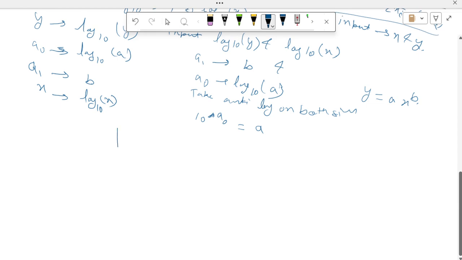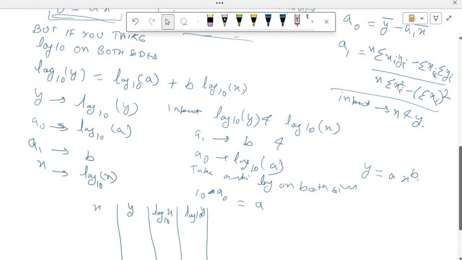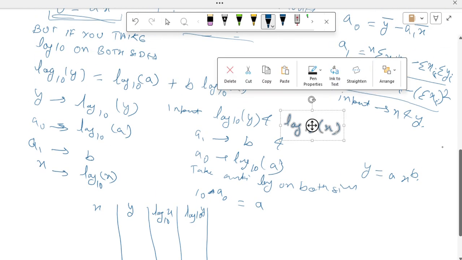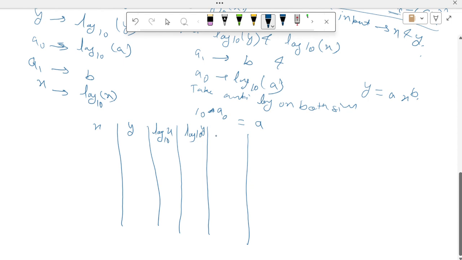So how will your matrix look like? You're going to have x, you're going to have y values, and then you have to find the log 10 x, and then you have to find log 10 y, and then you will have to find whatever terms needed here. For example, you're going to need the squares of the sum of the x's, so you're going to have to find log 10 x squared, and then you have to find out the log 10 of x multiplied by log 10 of y.